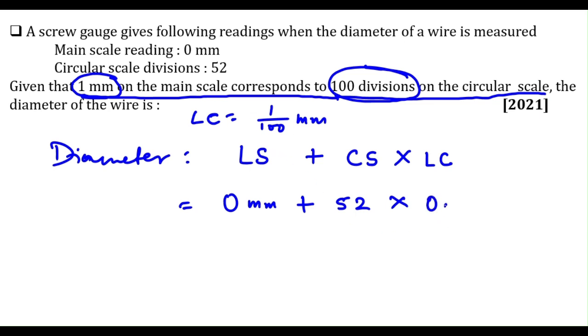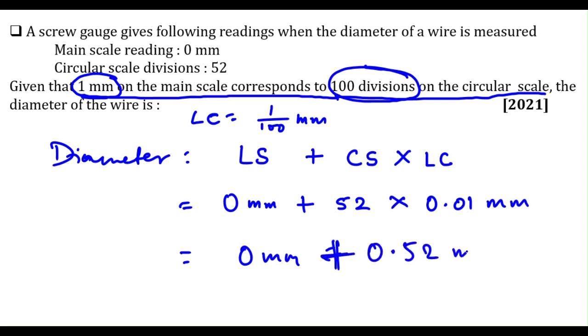So it will be 0.01 millimeter. You can write 0 millimeter here, plus here 0.52 millimeter. So ultimately you will get 0.52 millimeter.